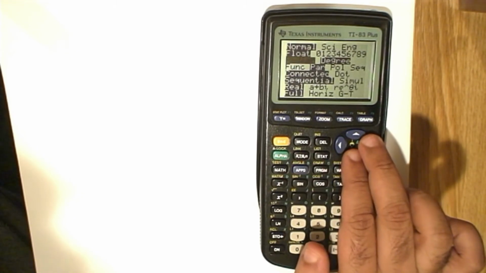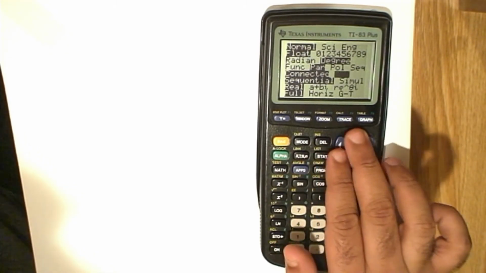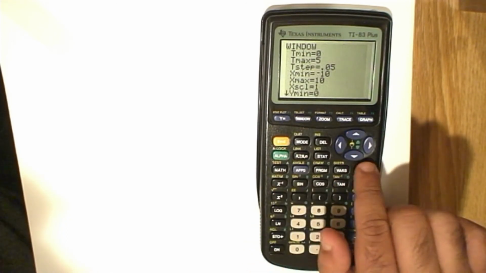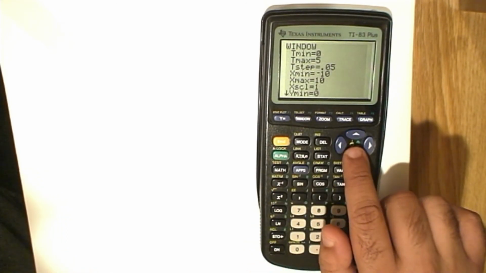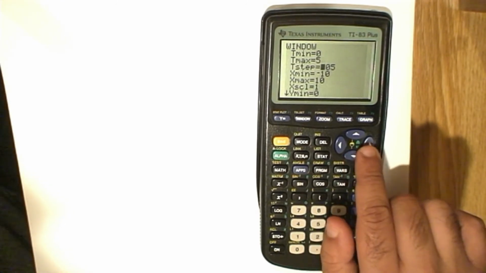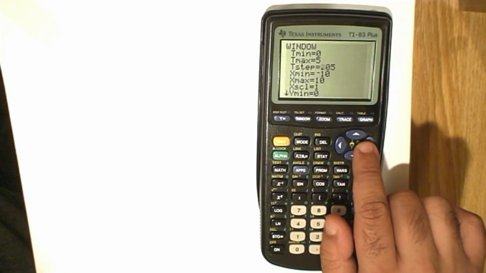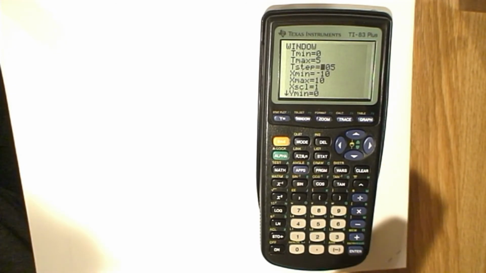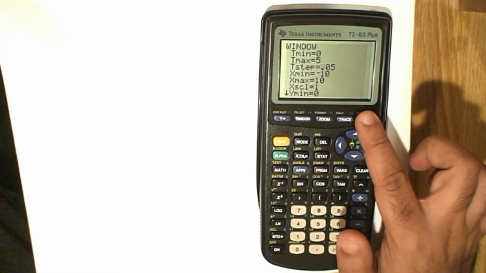The mode that I'm going to use is parametric, but also dot mode. I'm going to use the same window as before, but only examine it from 0 to 5 seconds with a time step of 0.05 seconds. So I will see what its position is every 1/20th of a second, every 0.05 seconds. Now let's graph it.